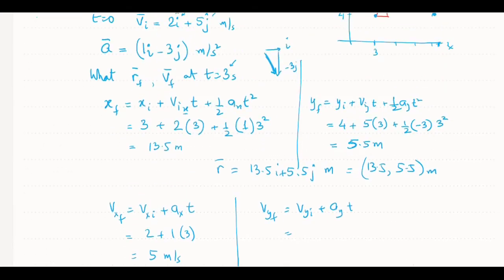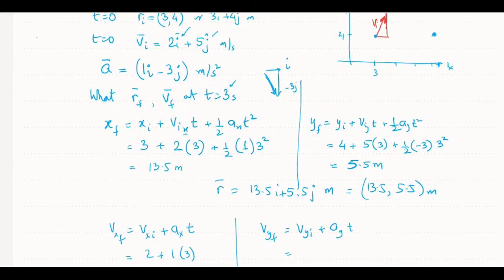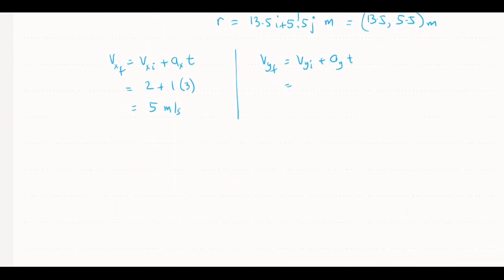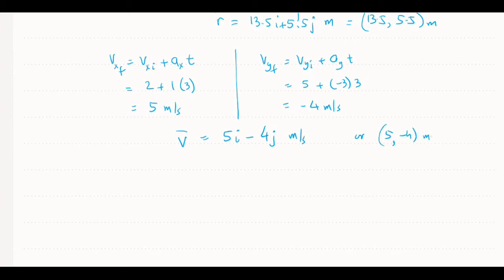Vy initial is 5 and a is -3. So that's going to be -4 meters per second. And so the velocity is going to be 5i minus 4j, or you can say 5, minus 4, comma, meters per second. But this is the better way of writing it.